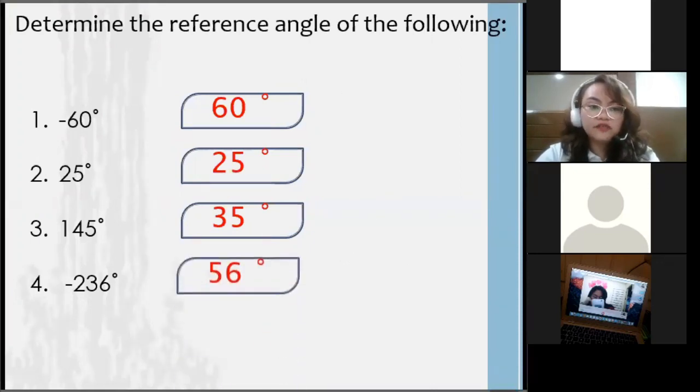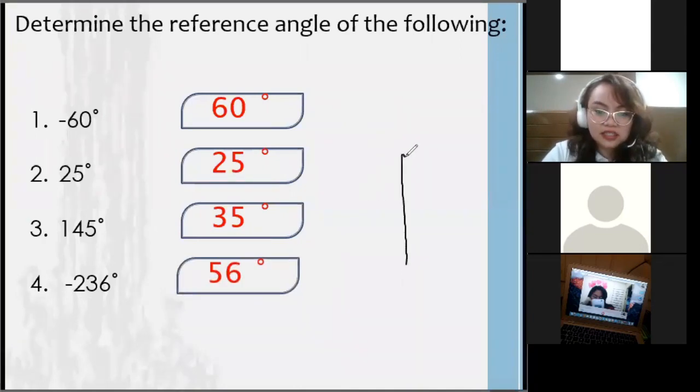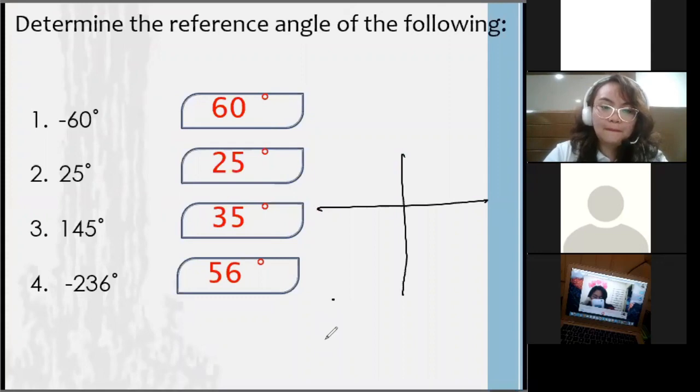The right answer is 56 degrees. And how did that happen? Let's talk about how that happened. Start here for your initial side. 236 downward, go past, go past, until here.